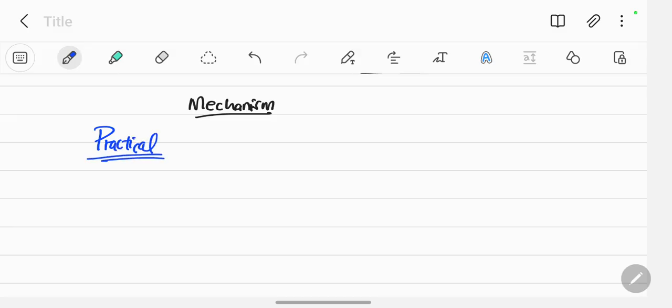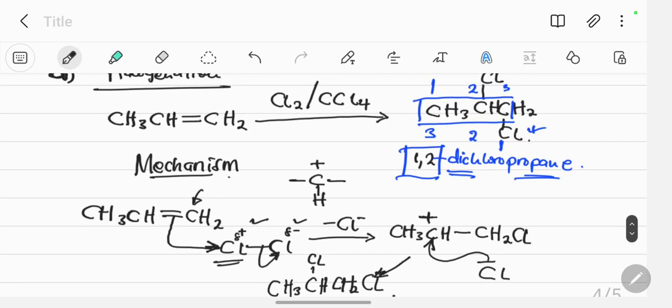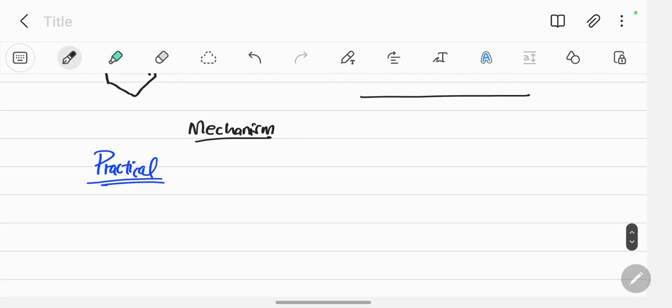It's a chemical reaction, but it's practically examined. Addition of bromine water. You may be told to state what is observed. Maybe before I even go to this practical part of it, when you add an alkene to bromine, there are certain observations you have to take note of.